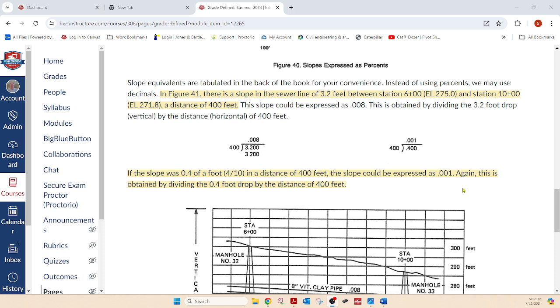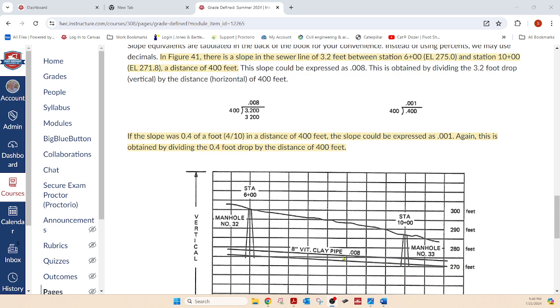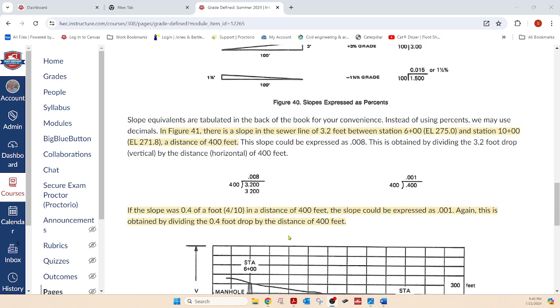Up here they have 0.008, and this is what they're working on, this clay pipe in here at a fall of 0.008 or 0.8%. So let's see what they're doing to us here. This is what we did.